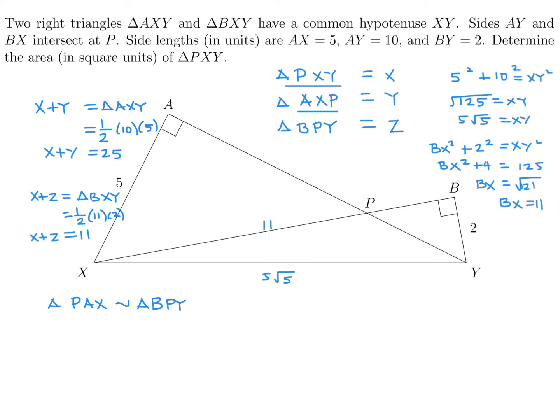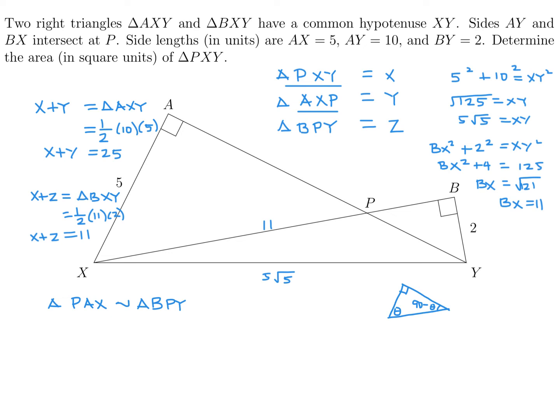PAX, and I'll just draw it a little bit on the side here, just to show you that they are similar. PAX would be this guy, right? It's something like this. And this is a right triangle, and we'll call this theta. And therefore, this angle would be 90 minus theta.